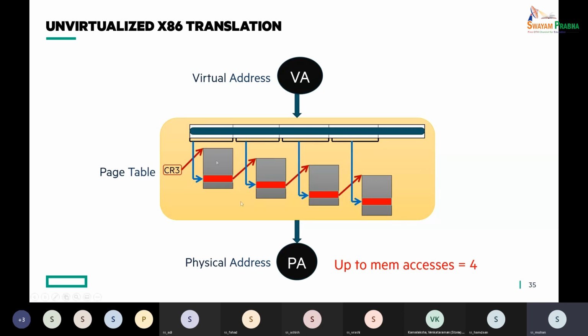So you have basically 4 memory accesses, because you have to access each of these levels: the PML4, the directory, and then the page table entry. So there are 4 memory accesses which have to happen for an unvirtualized x86 translation.